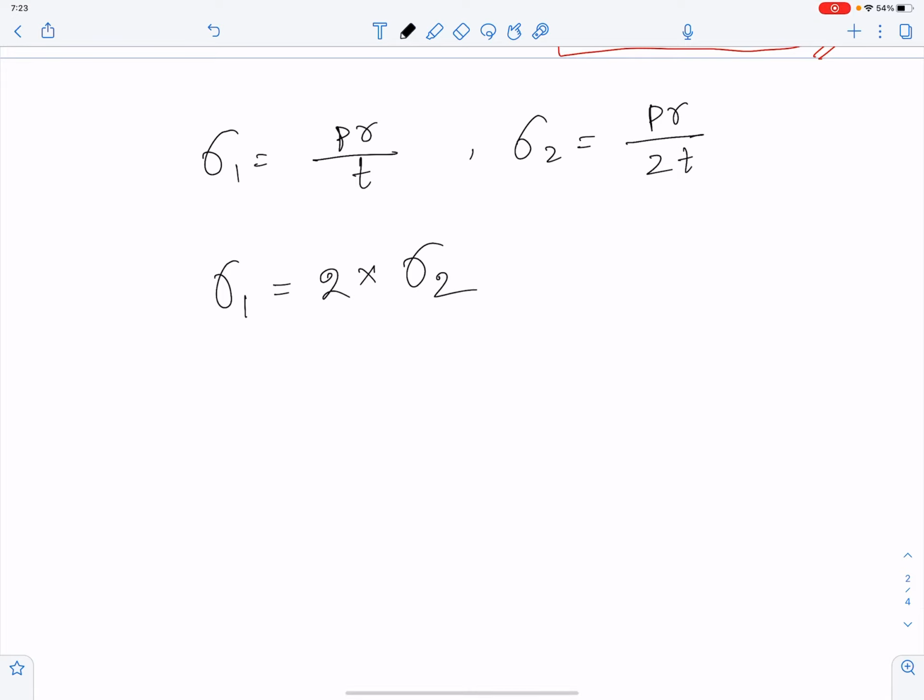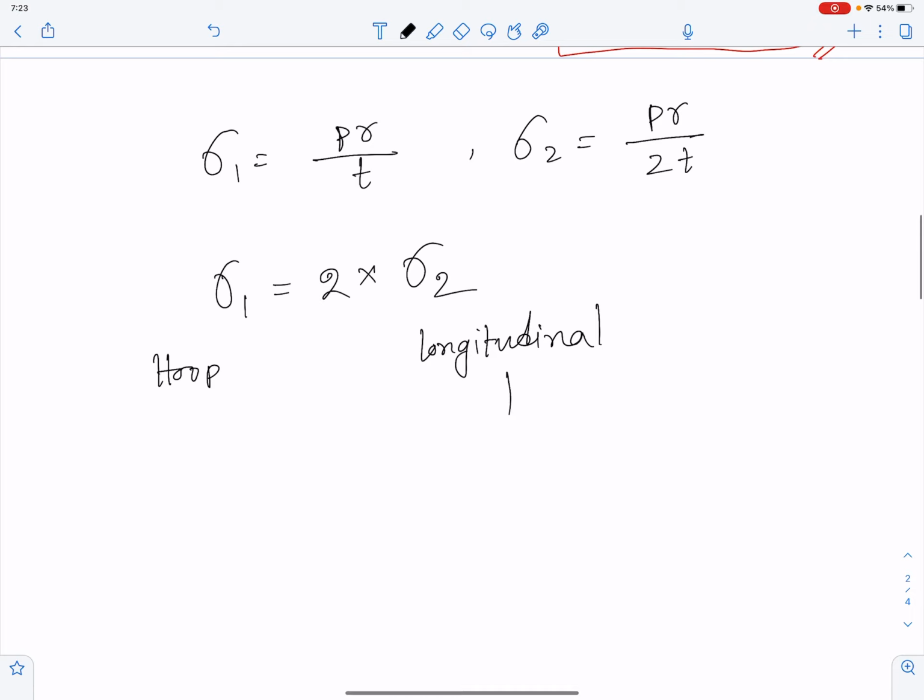We know that sigma 1 equals PR divided by T, and sigma 2 is basically PR divided by 2T, right? That means sigma 1 equals 2 times sigma 2, which means that hoop stress, this is hoop stress, and this is longitudinal, hoop stress is double, or 2 times, the longitudinal stress.